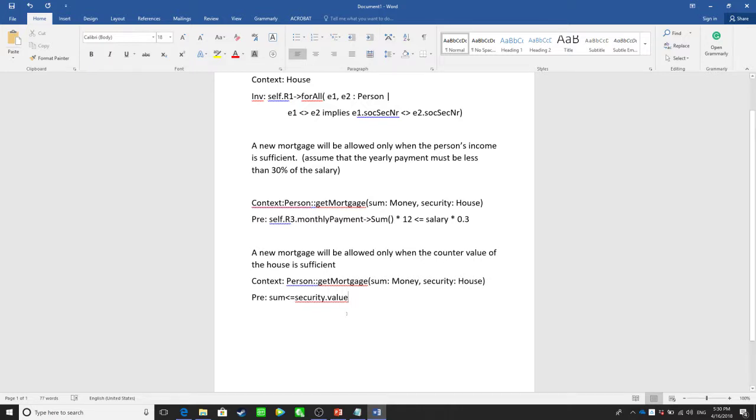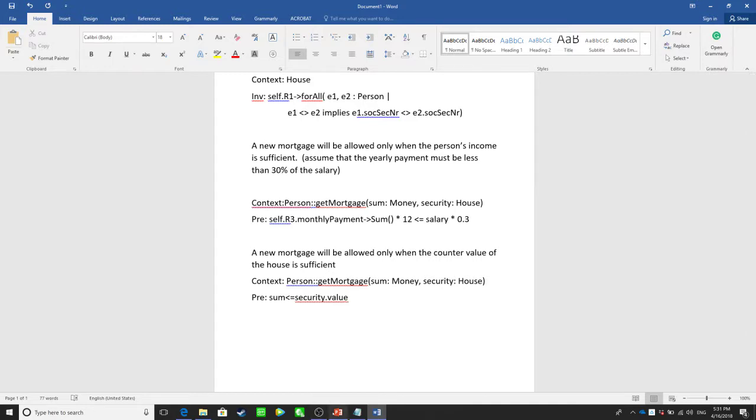And this is a precondition of that operation, right? The post condition for that, we're not going to specify. Every operation has pre and post condition, but some operations may not have post condition at all, or may not have precondition at all. Okay. Good.